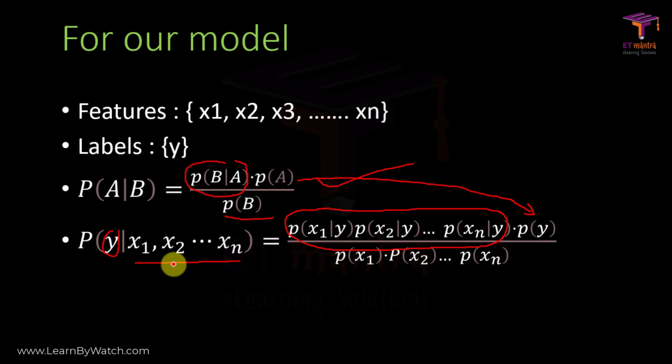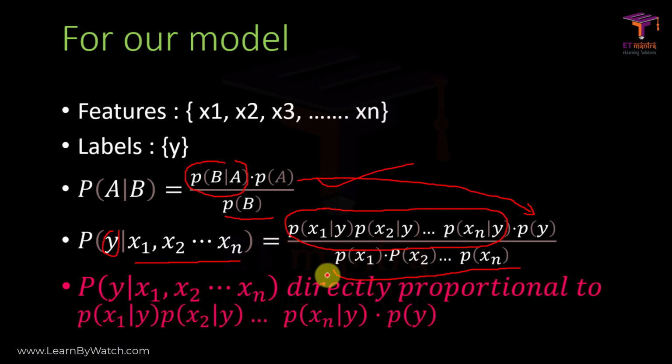Since our b is this whole set, we'll separate it into p of x1 into p of x2 till p of xn. Since we are able to do this, we have already assumed that all of these input features are independent. Whether they are independent or not is a different thing, but for our model we will be assuming that they are independent. Okay, so we have got our formula.